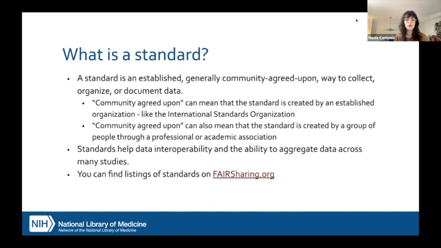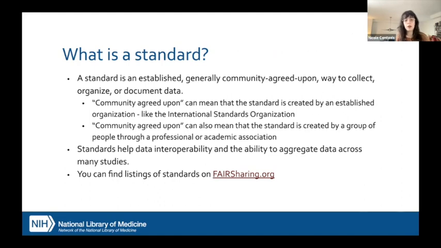So what is a standard? A standard is an established, generally community agreed upon way to collect, organize, or document data. So when I say community agreed upon, let's dig into that for a second. That could mean it is an established organization, like the International Standards Organization, but sometimes it could be a bit more informal than that.